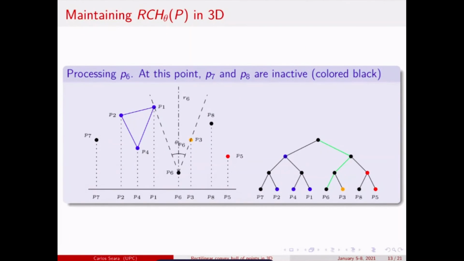When we arrive at the point P6, we have on the left just the points which form part of a partition, given by the leaves of the tree, and on the right the other partition.